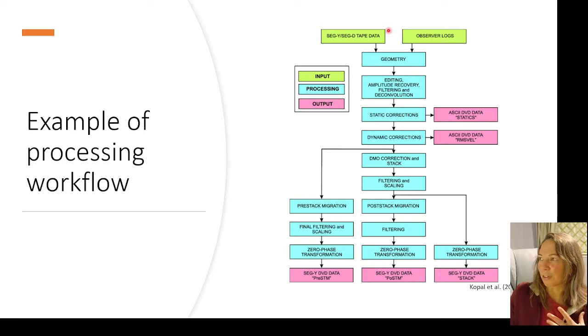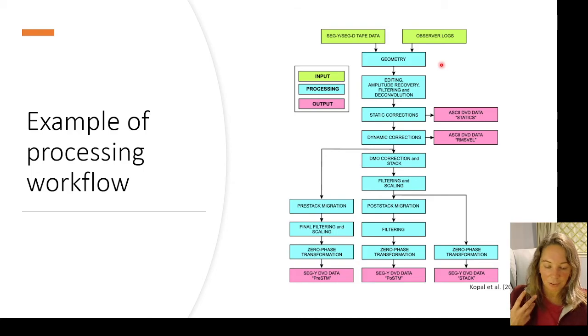You can see here we've got a couple of different inputs, which would be the original tape data, the raw data. It typically goes through some geometric process to put all the data in the right place. You may do some amplitude recovery stages, some filtering, some deconvolution to remove the effects of the seismic wavelet. You'll often see that people do static corrections and other types of dynamic corrections.